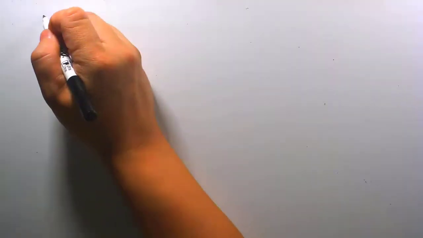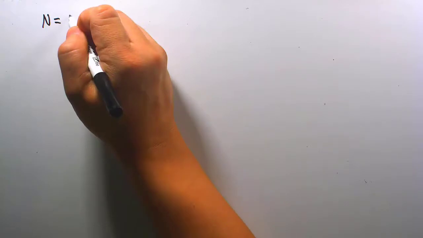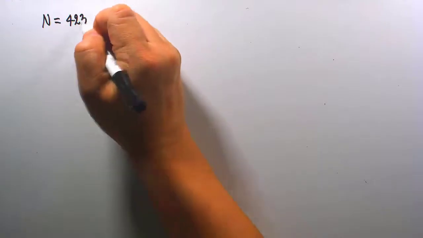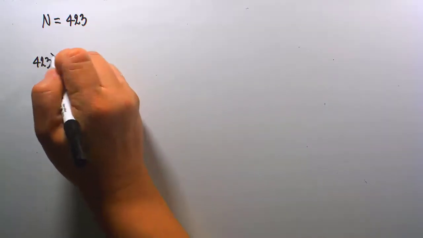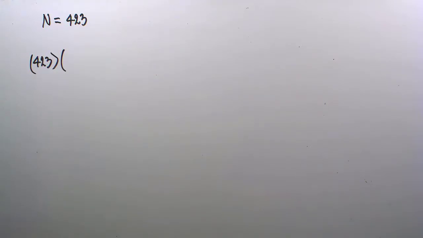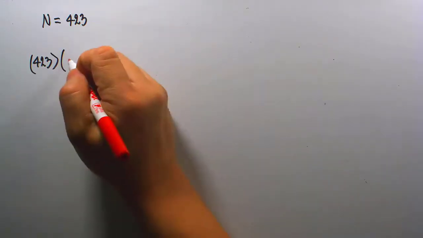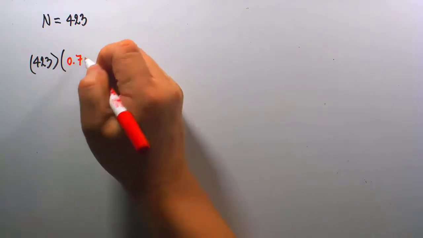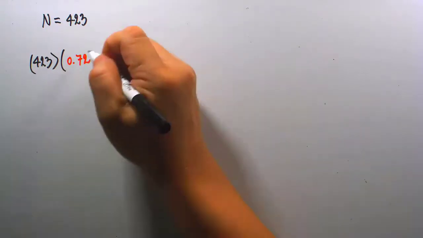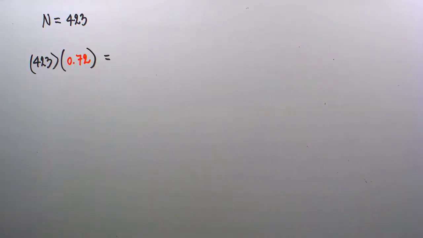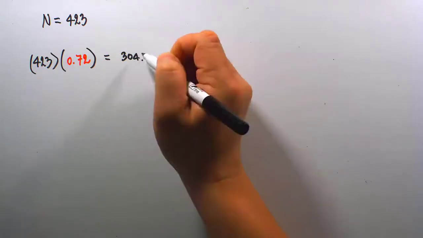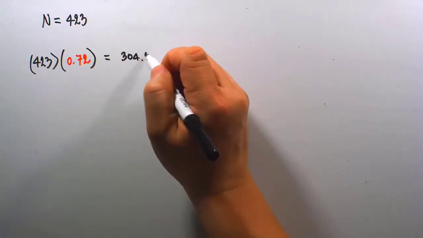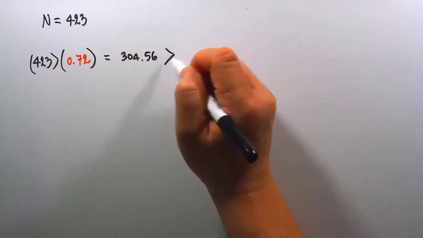And now, on the other hand, the sample size currently used in our sample being 423, with this sample size we can go ahead and multiply with our currently accepted population proportion value. And this product came out to be 304.56, which is a number well above 10.